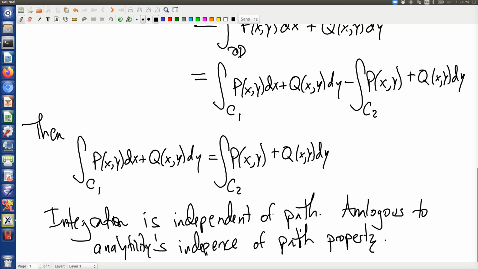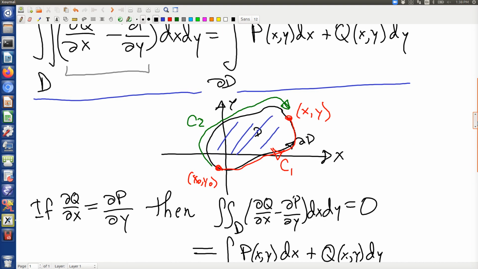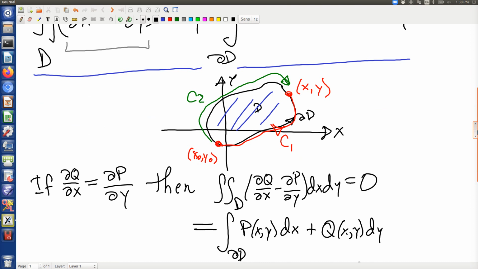Okay, now with that preliminary aside, dealing with Green's theorem, and this particular condition, which I'm going to box here, now we can proceed to talk about how to construct a harmonic conjugate.